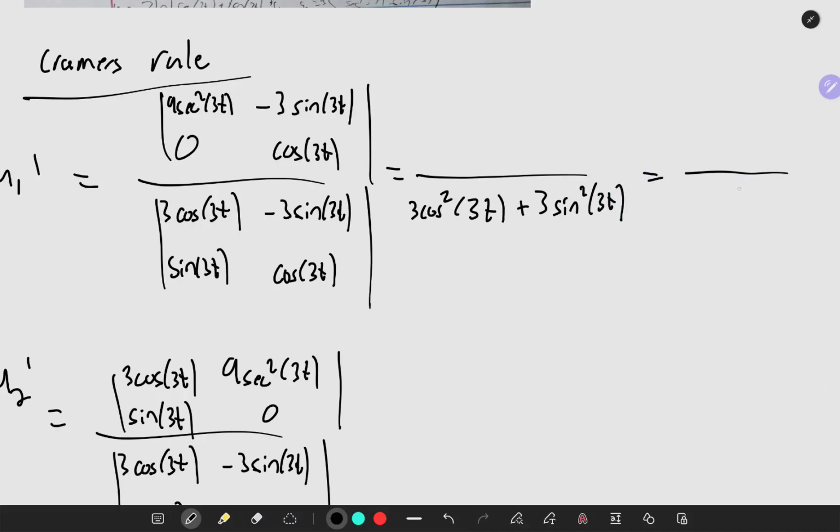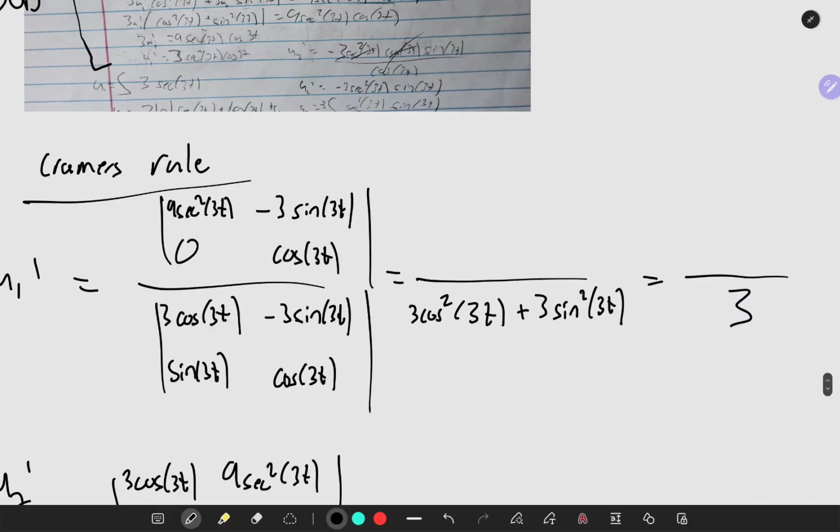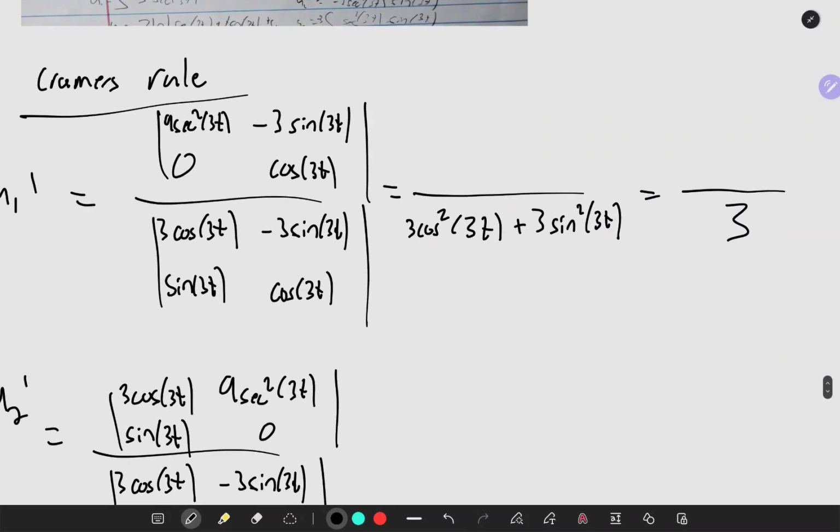So then that denominator is just 3, because this plus that is 1. Take the 3's out. I kind of glanced over that, but this is an identity. You should know this from trig or calc. You definitely have used it in calc. So this is just 1, so then you're just left with 3.